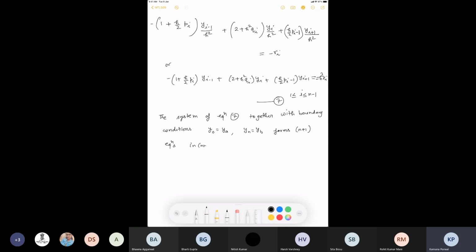So we have a total of n plus 1 unknowns and n plus 1 equations now.